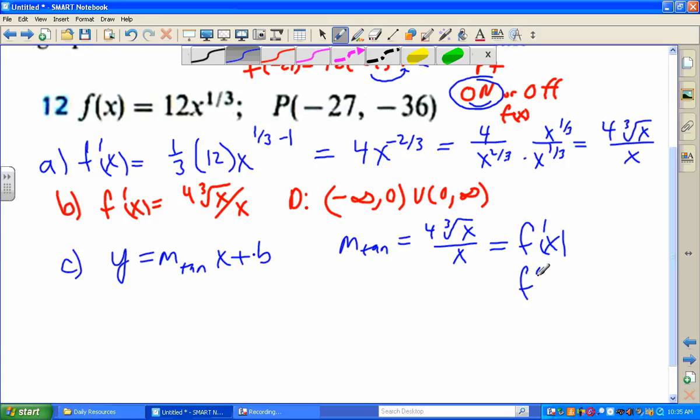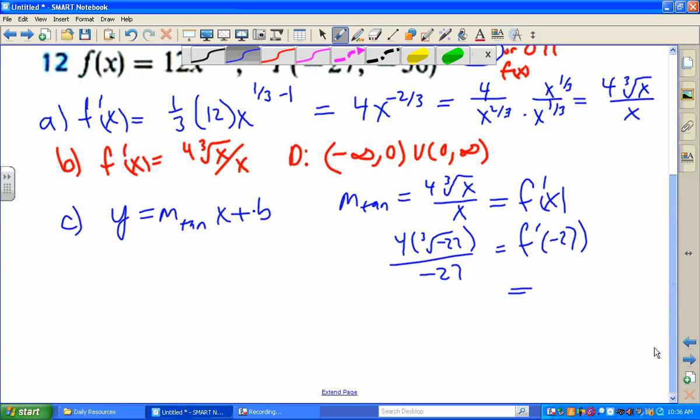So if I put in the x value of negative 27, that means I take 4 times the cube root of negative 27 all over negative 27. A bit sticky, but not too bad. 4 times negative 3 over negative 27. Cross those off, you end up with 4/9. That equals the slope of the tangent line at negative 27.